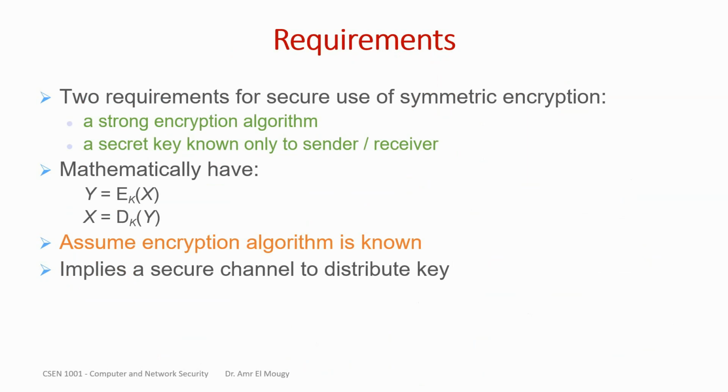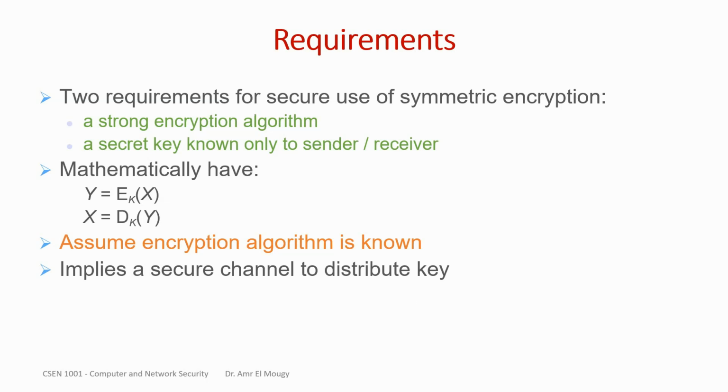Now we focus our attention on symmetric encryption, and we start with the requirements. Let's assume that we want to design a symmetric encryption system, and we want to see what the requirements are. Obviously, the first requirement is that it has to be secure. It has to be a strong encryption algorithm that is unbreakable by an attacker.